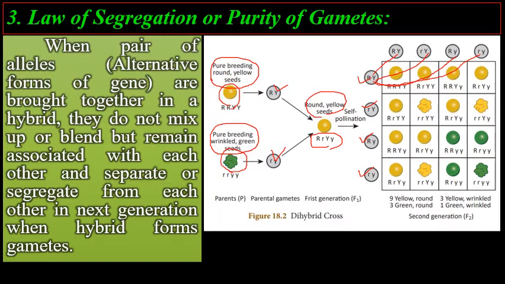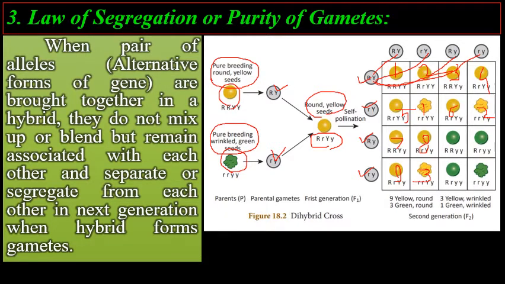Then we count the individuals. First of all, we can see the round yellow is this 1, 2, 3, 4, 5, 6, 7, 8 and 9. Then the yellow wrinkled seeds, that is this 1, 2 and 3.